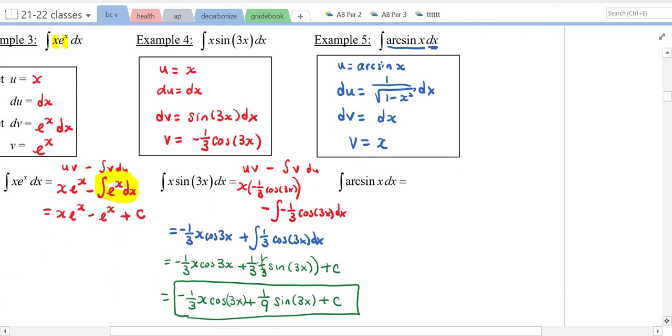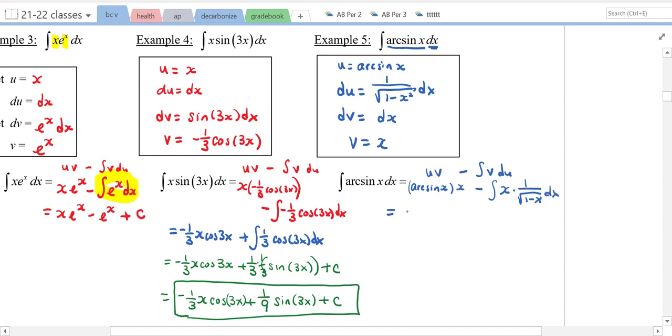Once again, ultraviolet voodoo, uv minus integration of v du. Scared yet? u is arc sine of x times v is just an x, minus integration of v, which is x times du, which is 1 over root 1 minus x squared dx.